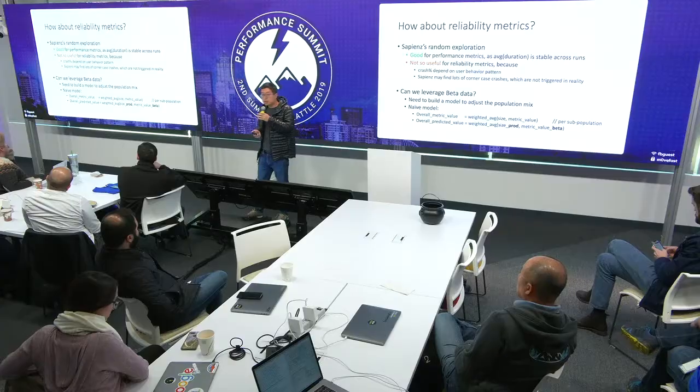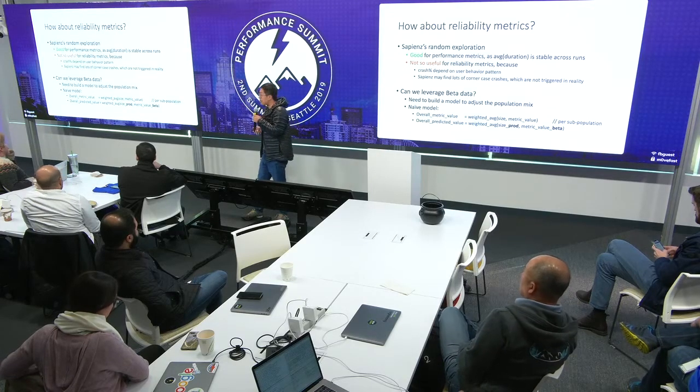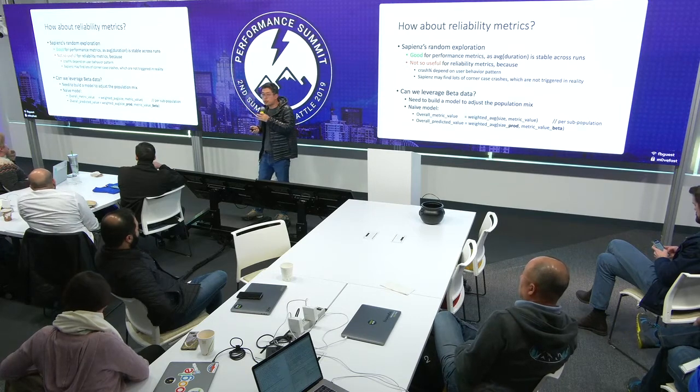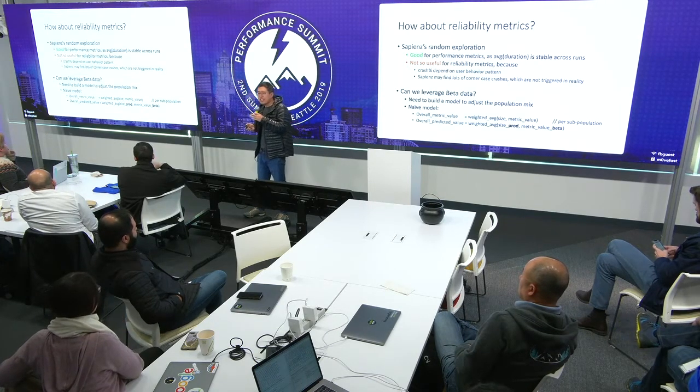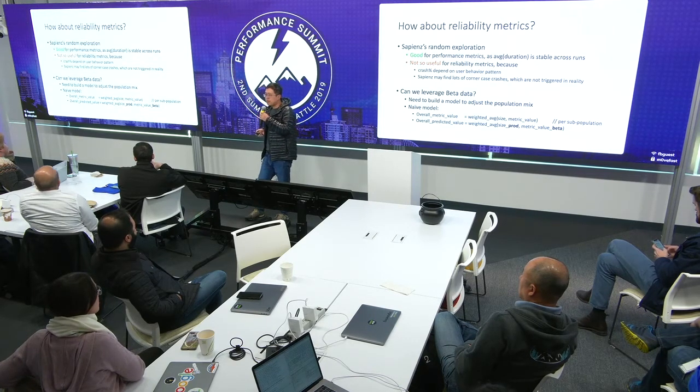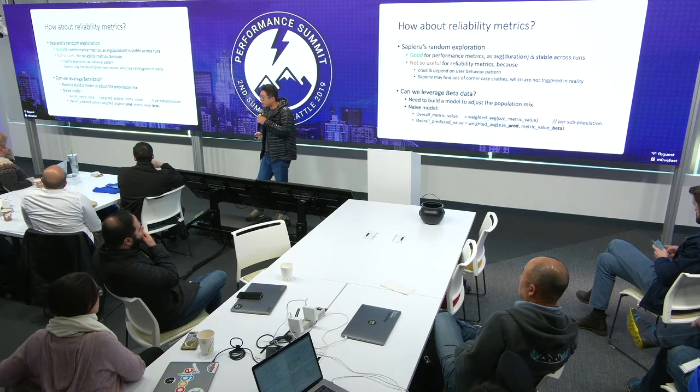Then you just apply the production weight, which is 50-50. This gets you a weighted average, an adjusted value that's closer to reality. But this approach is very naive. It doesn't consider the fact that, for example, the beta users are actually really different.